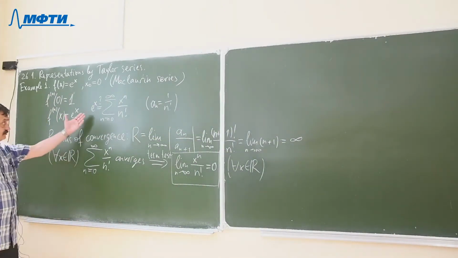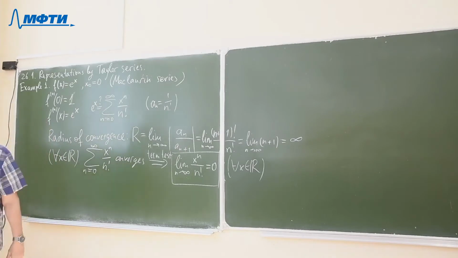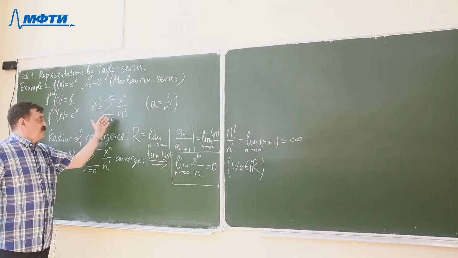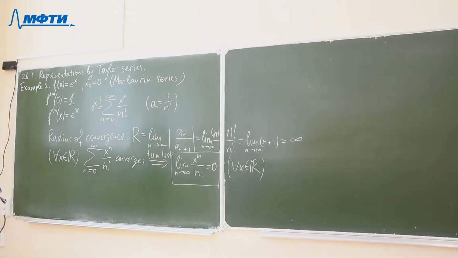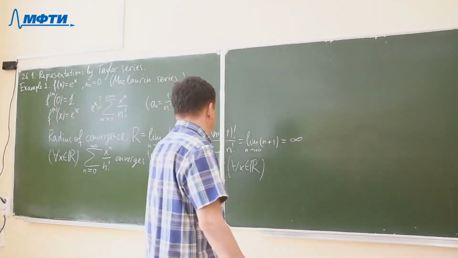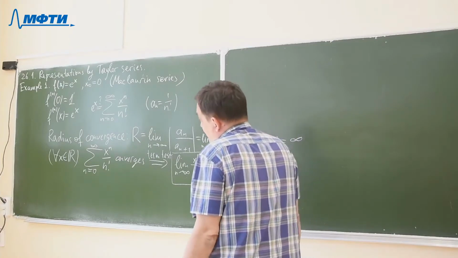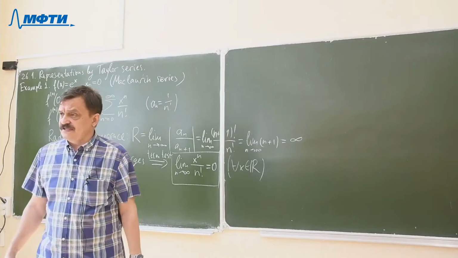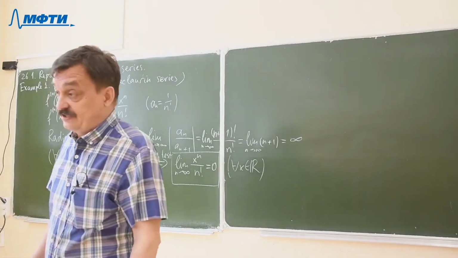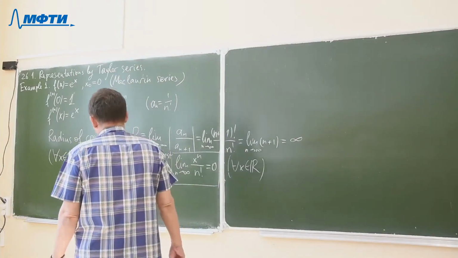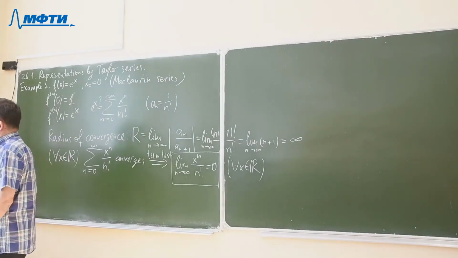And this example shows what kind of problem appears. We need to check if indeed the sum of our series equals our exponent. That is the question. We know from the former example that the sum of a Taylor series need not coincide with the function which was expanded.